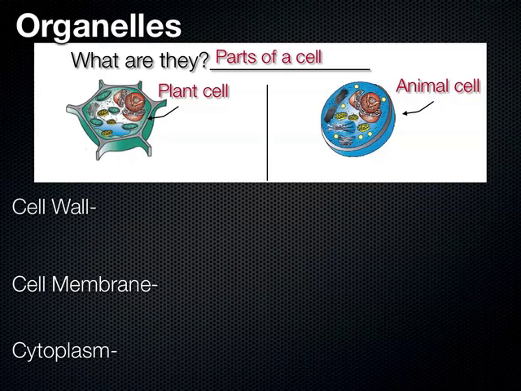All right, so let's start with some of the organelles. Now the cell wall is not in the animal cell. You have to draw that. It is found sometimes in bacteria or mushrooms and things like that, fungi. But when we talk about cells, we're basically just going to talk plant or animal. So this one is only in plant cells, and it's made of a material called cellulose.